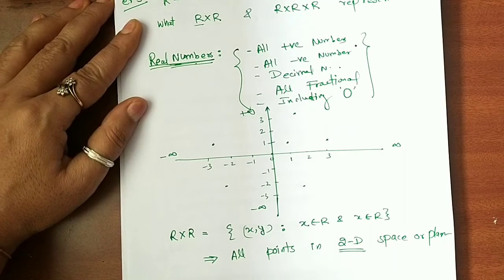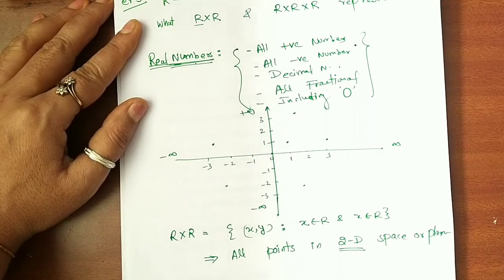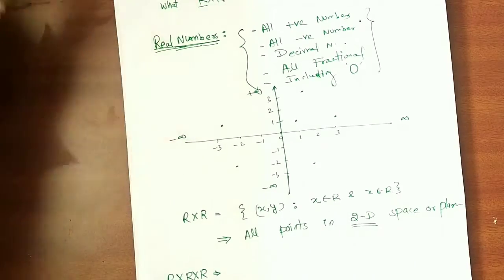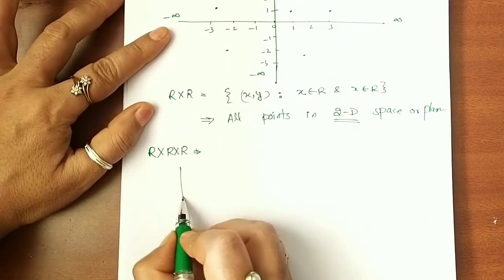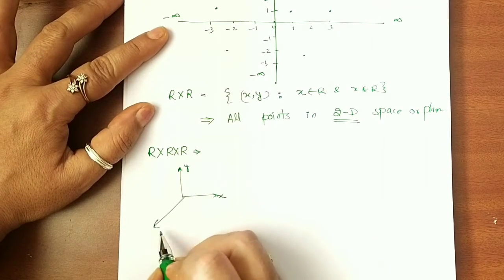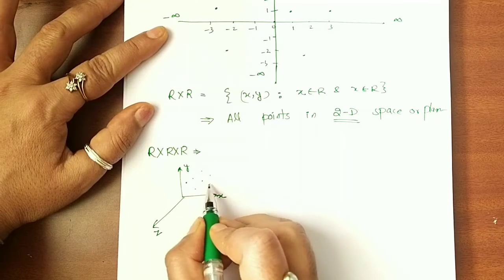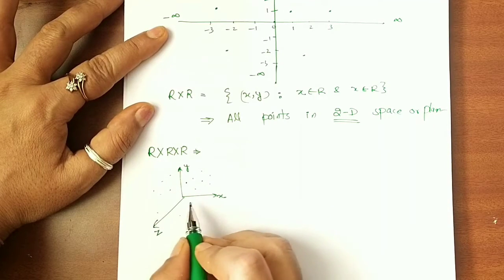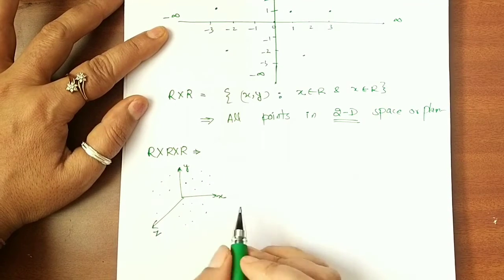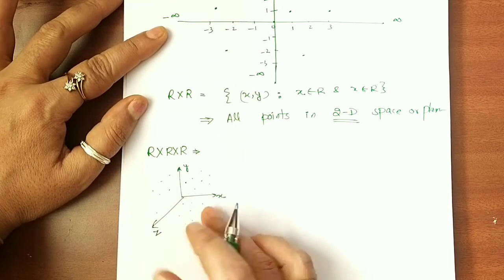Similarly, in the same way, if I take R cross R cross R, it will be ordered pairs of 3 numbers, right? 3 numbers means if I take one real number on the x-axis, one on the y-axis, and one on the z-axis, all possible points in this plane, in this plane, in this plane, it will cover all possible points in 3D space.